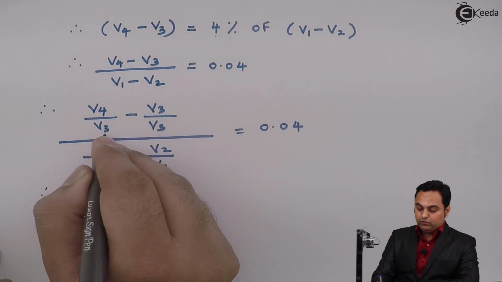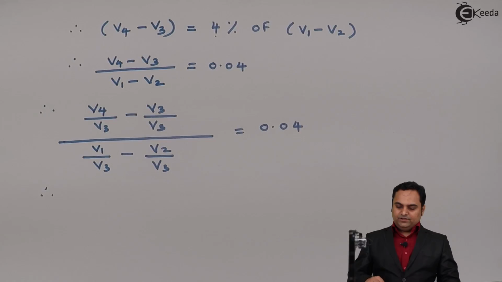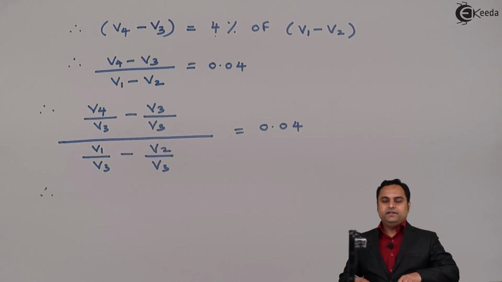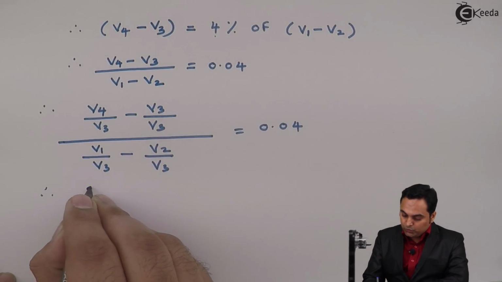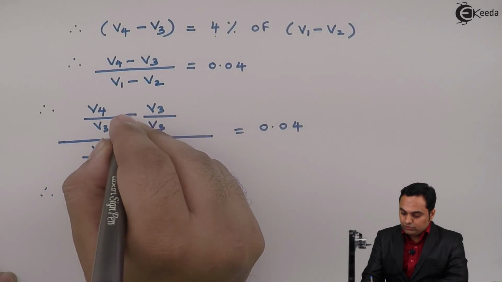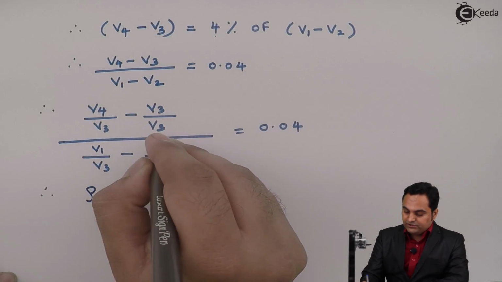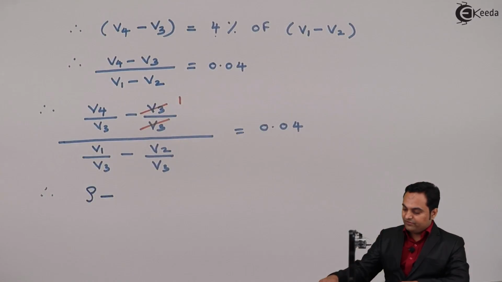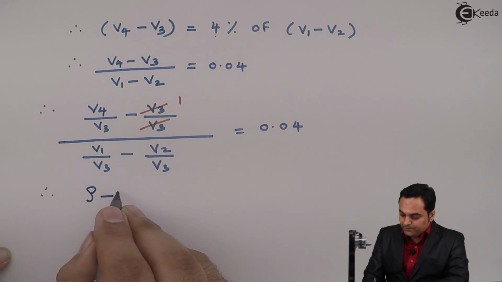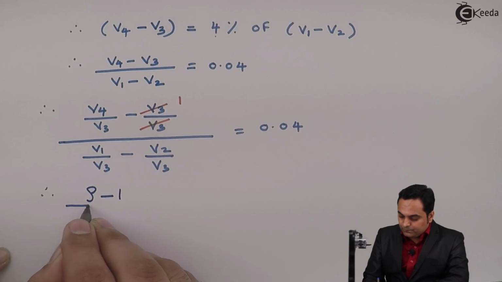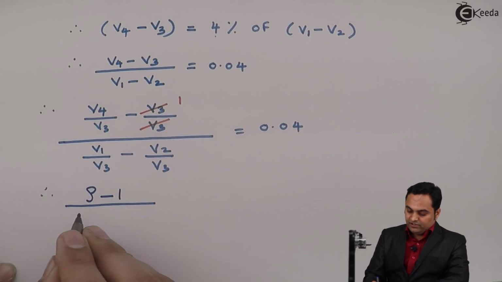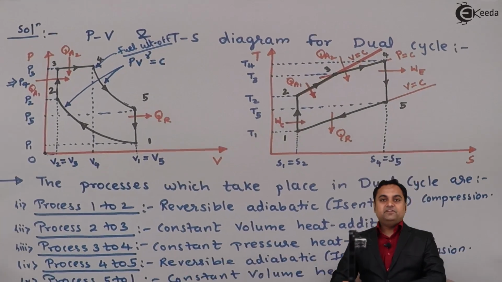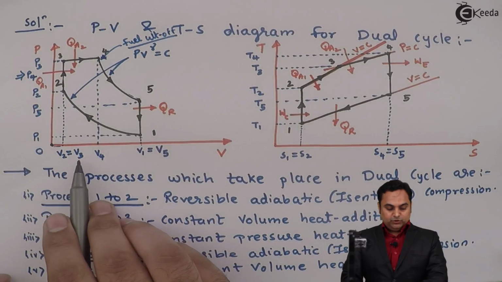Therefore V4 upon V3. This V4 by V3 is nothing but it can be written as rho, which is called the fuel cutoff ratio, minus V3 upon V3, that will get cancelled out and 1 remains here. So rho minus 1 divided by V1 upon V3. Now if we see here in the PV diagram, V2 is equal to V3.